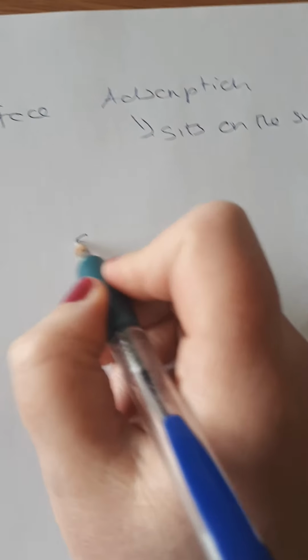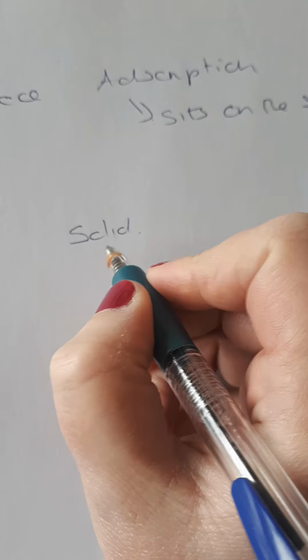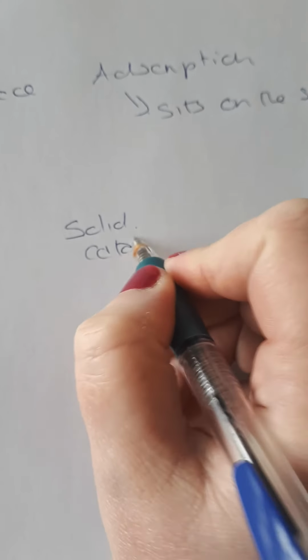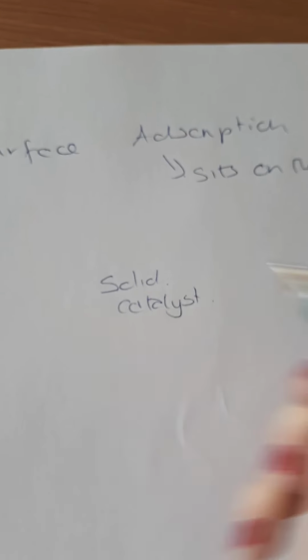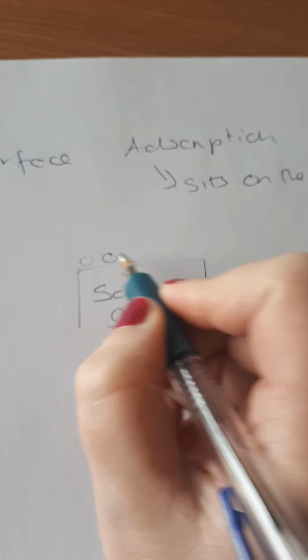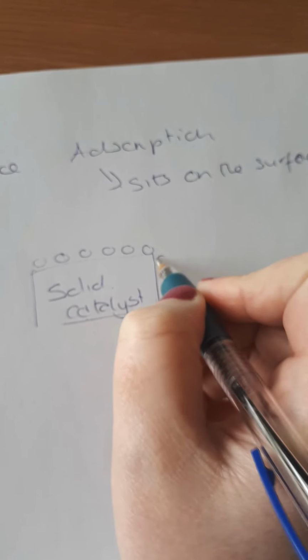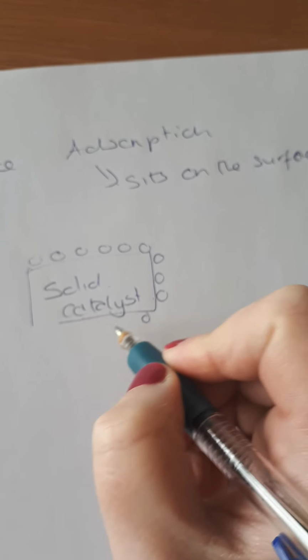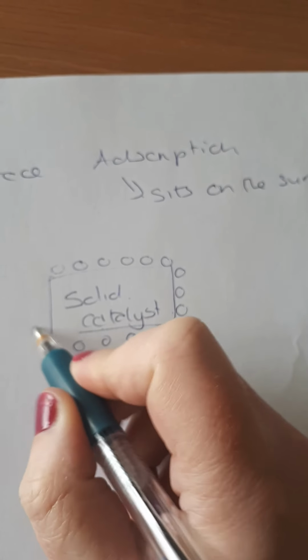And that's essentially what surface adsorption is about. So say we had the solid catalyst, and I'll just draw a box around that to make it solid. What we're doing now is we're going to capture all the liquid or gaseous particles and they're going to sit on top of the surface of our solid catalyst.